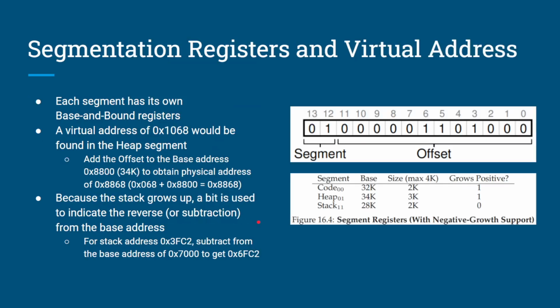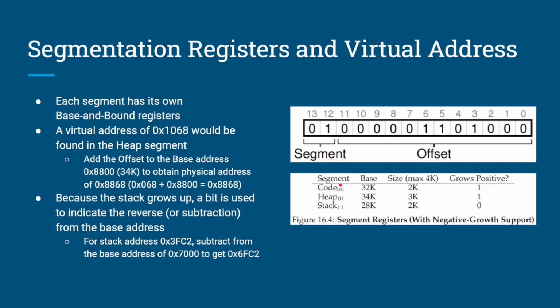Here's an example of a virtual address. In this virtual address, we take the 2 bits and identify the segment based off of those 2 bits. We can give each value of these 2 bits a particular segment type.